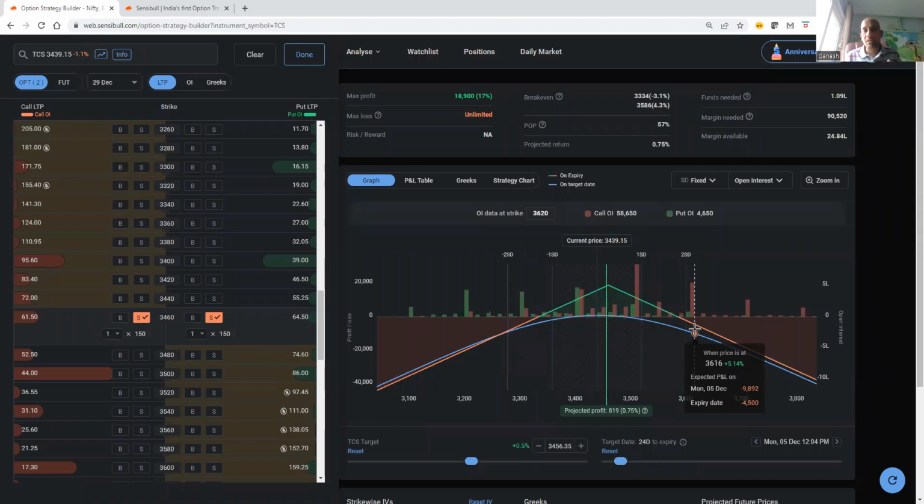My trade gives me a 9,892 rupees loss. That loss is what I call the blue line. If the market opens with TCS 5% up on Monday, what would happen to my trade is shown in the blue line. Is that clear, sir?